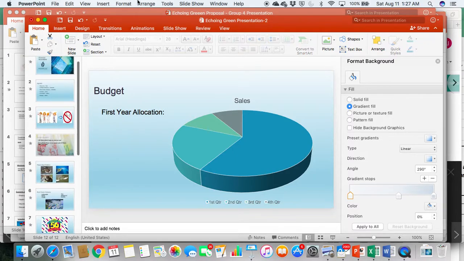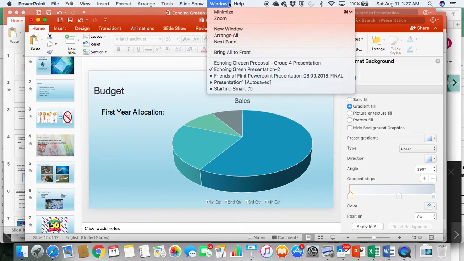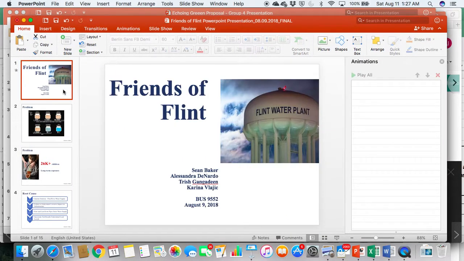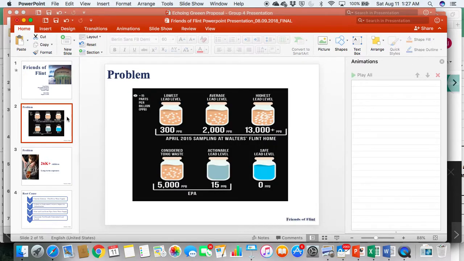Okay, and then I think one more. This one I didn't have that many things to say. Just a couple of things. This I thought was really, really good, by the way.